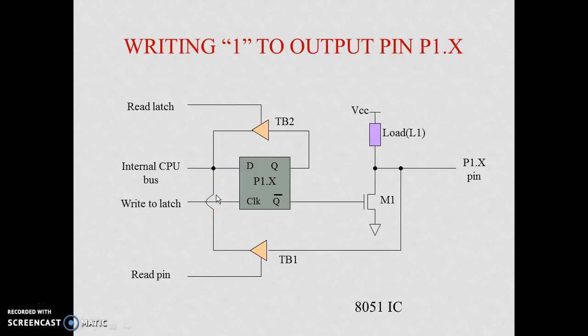Writing 1 to the port pin, this is the 1 input, so output 1 is available, and its complement is available at the Q bar pin. Once Q bar is 0, transistor M1 will not be switched on, so it is switched off. The pin becomes connected to VCC, so 1 is available at this port, because the transistor is deactivated and will not work.